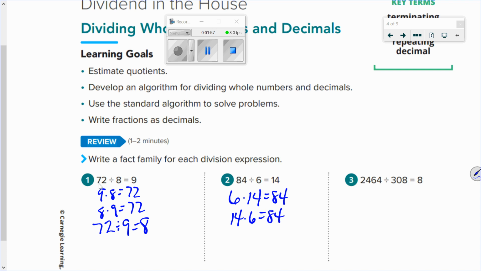But we don't have a commutative property on the division, but what I can do is change the divisor and the quotient. So I do 84 divided by 14 is 6. And then our last one, Raina?